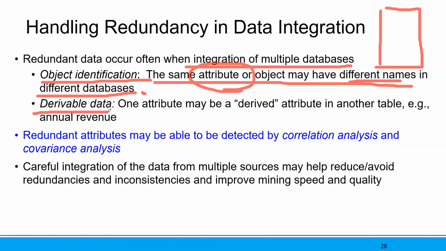Or derivable data. One attribute may be a derived attribute in another table. For example, annual revenue. Annual means yearly.